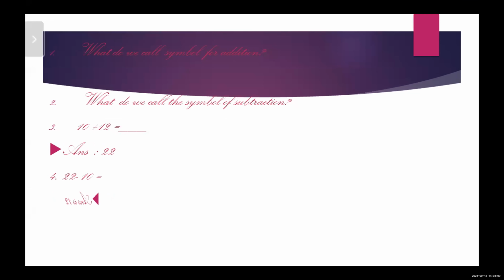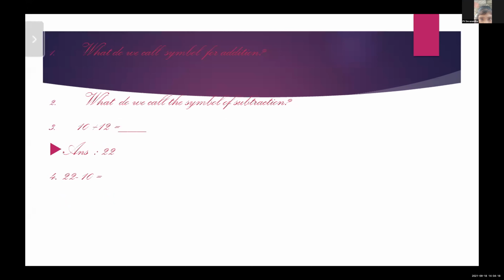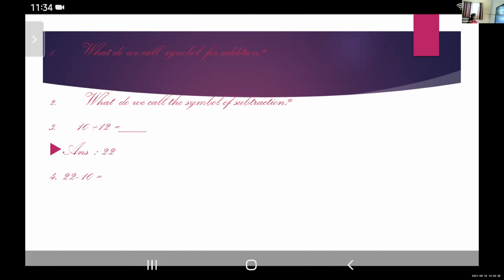Now 22 minus 10. Yes, Devananda. Ma'am, 32. Look at the sum again, 22 minus 10. Wait, Devananda is going to say now. 20. Who wants to say the answer?